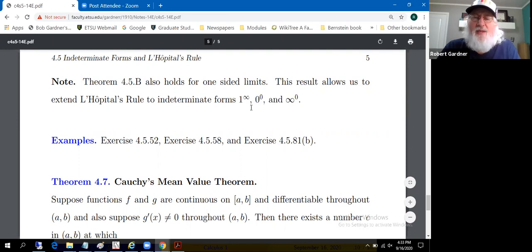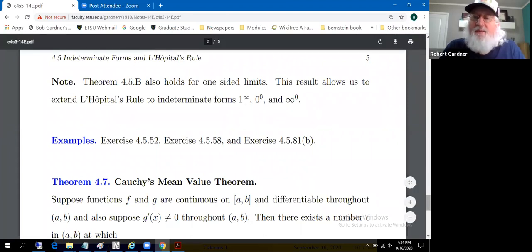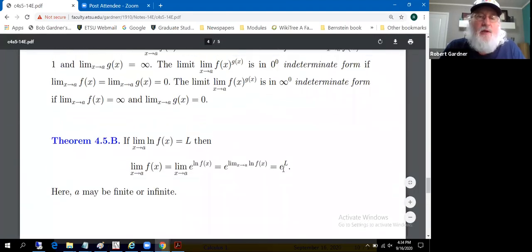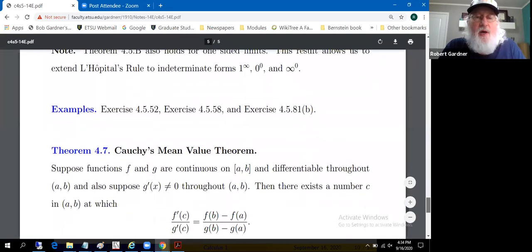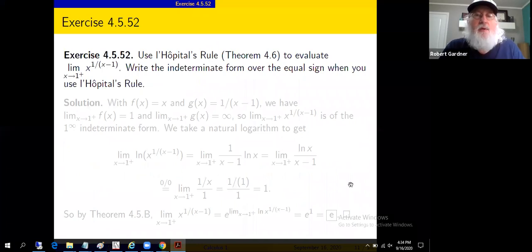I don't want to be thinking of infinity as a base or an exponent, so that's why my paranoid use of air quotes. So we'll be using this previous result that involved, told you it's going to involve some logarithm stuff. So let's illustrate those with the following 3 exercises.